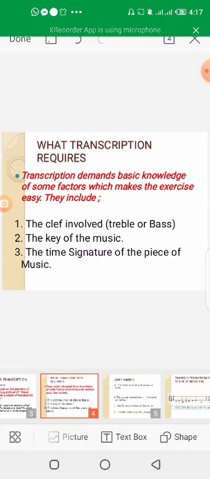Now, primarily, we know that we have two types of clef, though others still exist, but we have basically two types of clef. We have the treble clef, we have the bass clef. Now, you should know the piece you're transcribing, or the song you want to transcribe, is on what clef.